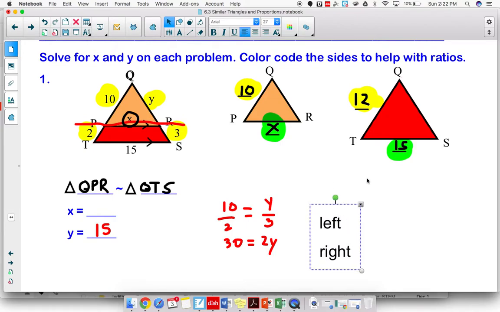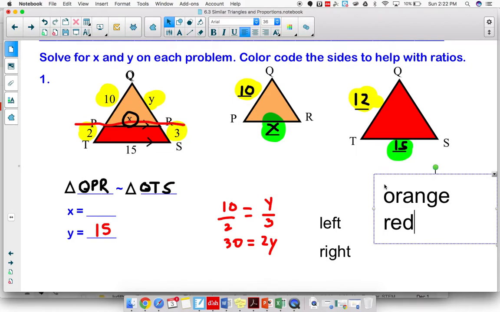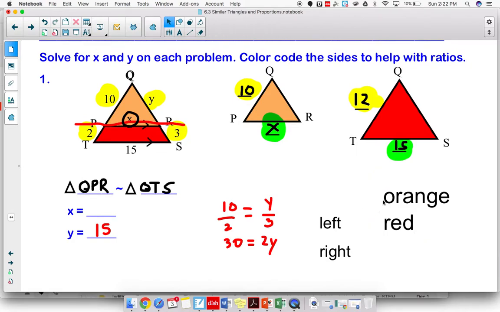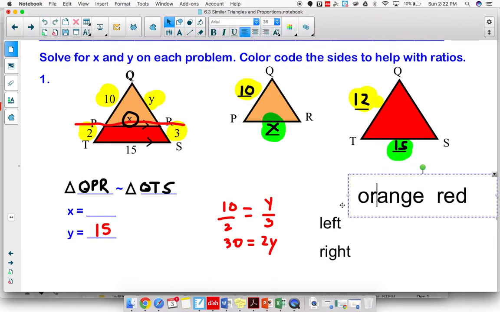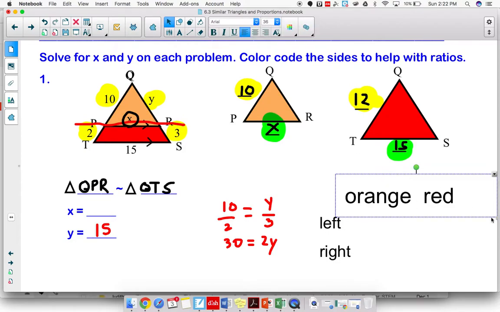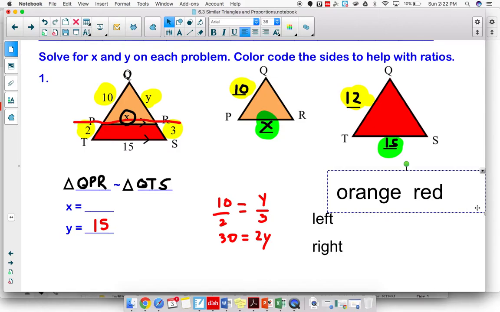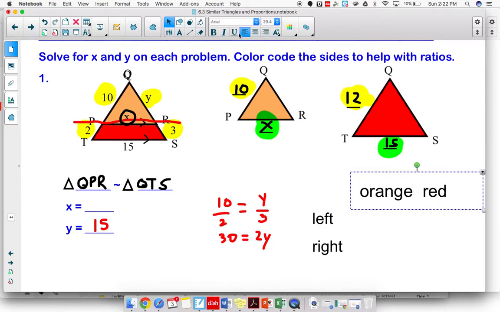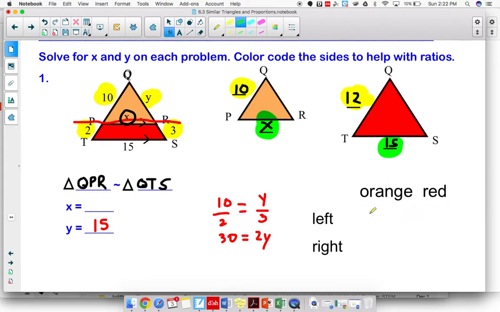So we have the left edge and the right edge, and we have the orange triangle, and we have the red triangle. All right, so I'm going to make like a little chart for my proportion.